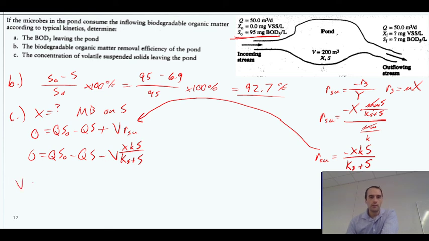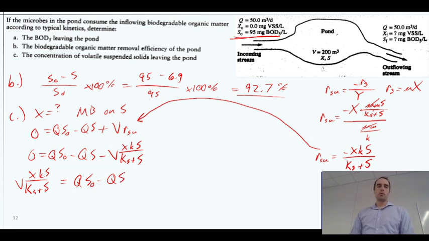We'll say VX k S over Ks plus S equals QS naught minus QS.